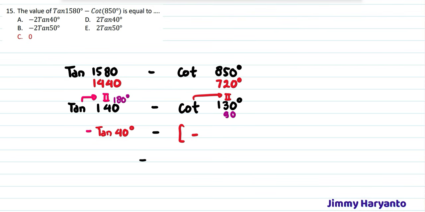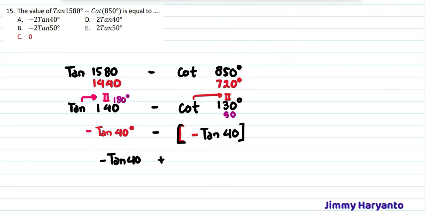And then because we use 90 degree, the cotangent has to be changed into tangent. And then you minus this, you'll have tangent 40, like this. That means we'll have negative tangent 40 right here, and positive tangent 40 right here, and the total will be 0. C.